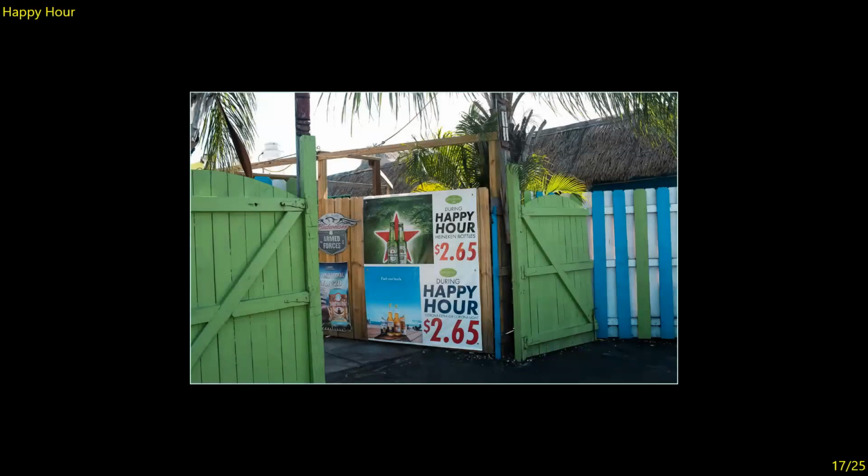Happy hour. Okay, you do have the fence and the gate and all that, but the strongest thing here is, as the title says, the happy hour, which again, is this the story that you are telling here, or is it about the fence?